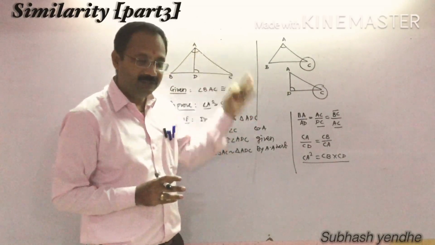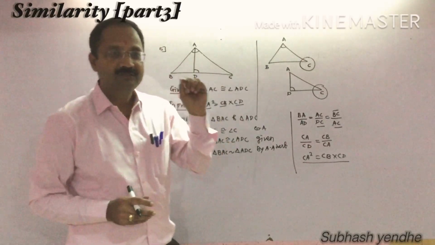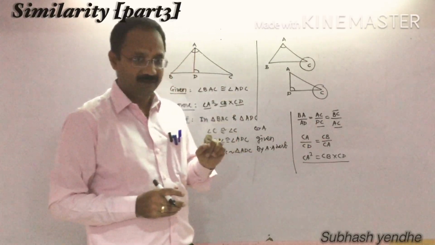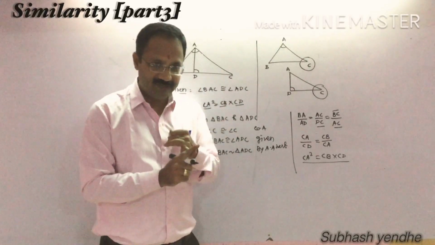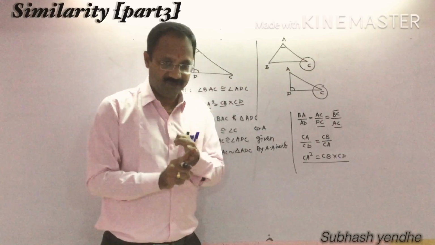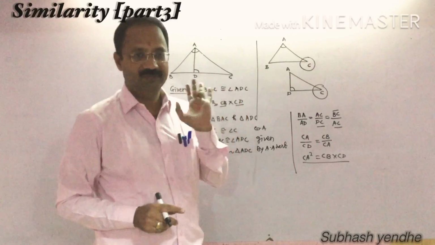And if all three things are not there, then you have to show that the triangles are similar. Triangles will be similar by three tests: AA test, SAS test and SSS test. But most important is AA test of similarity.